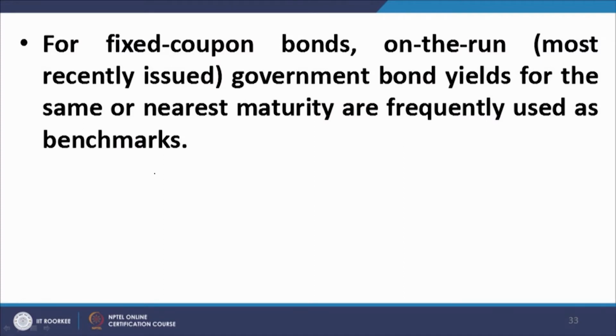For fixed coupon bonds, the on-the-run, most recently issued government securities are used as benchmarks. On the run securities means the most recent securities that are available in the market. So, for fixed income bonds, government bond yields for the same or nearest maturity are frequently used as benchmarks.